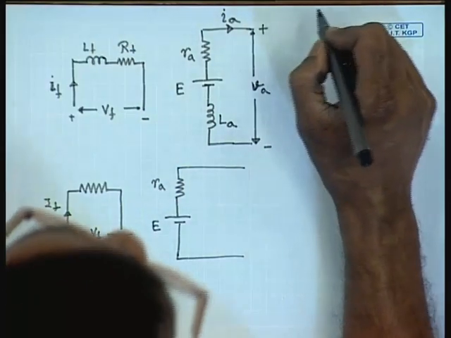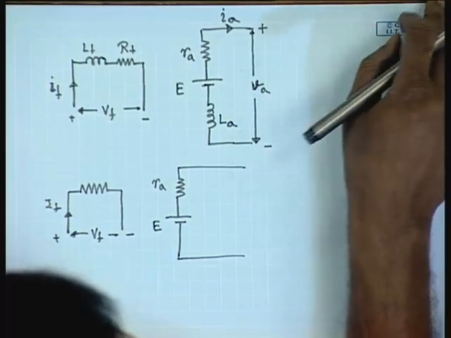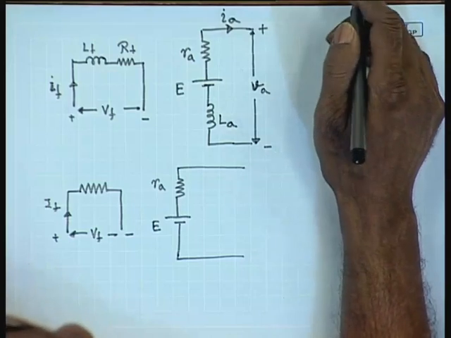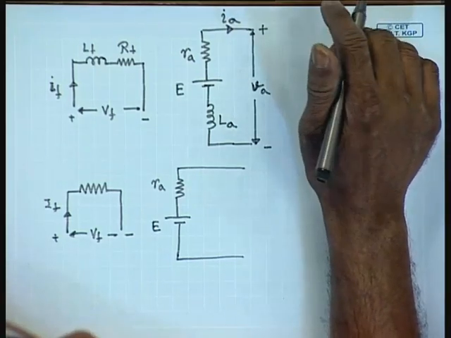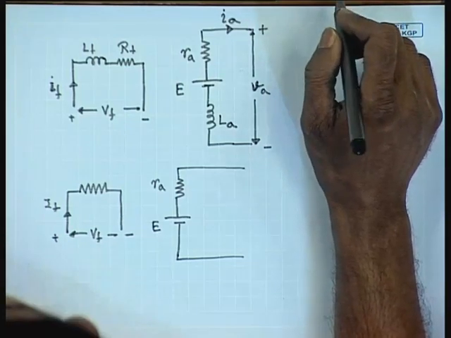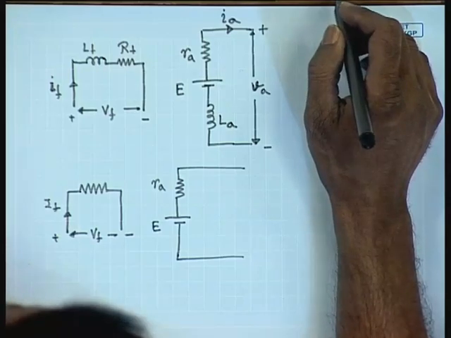Sometimes the contact resistance of the brushes is also modeled. There are different ways of doing it. It can be modeled as a resistance, but more often than not the drop across the brush is more or less constant.